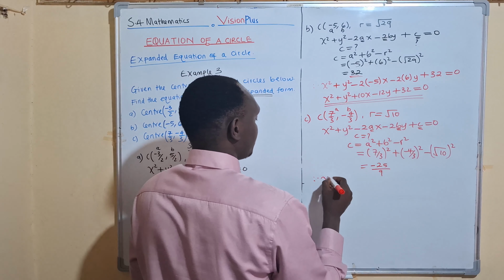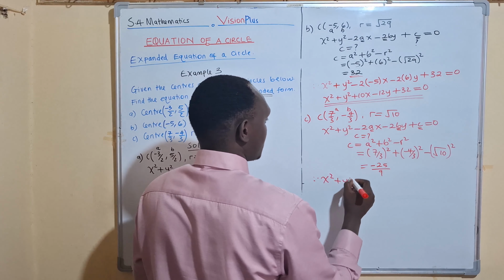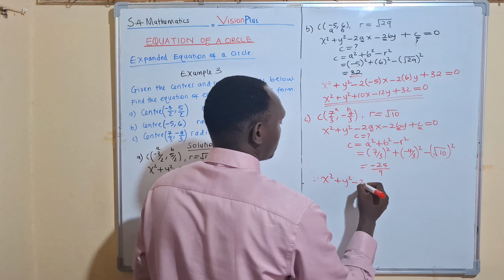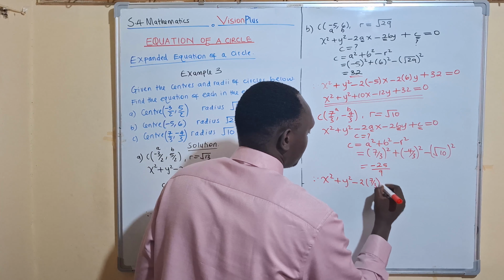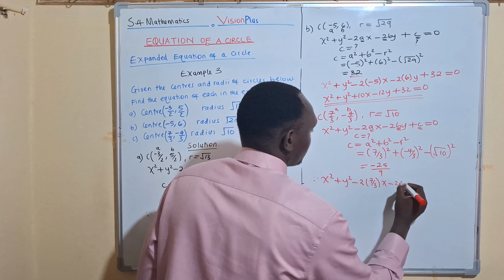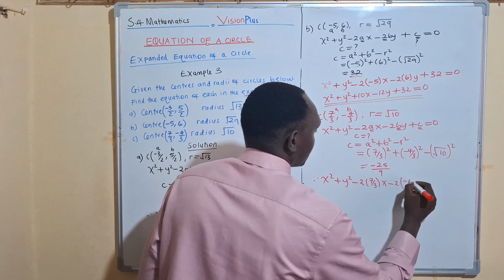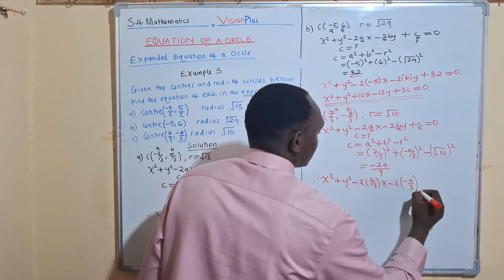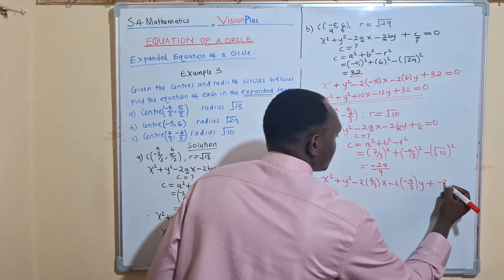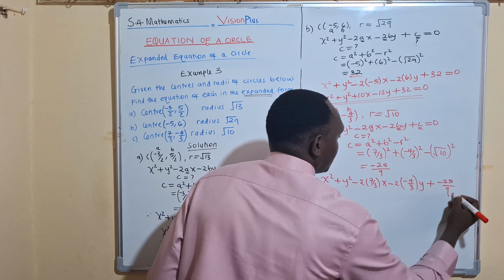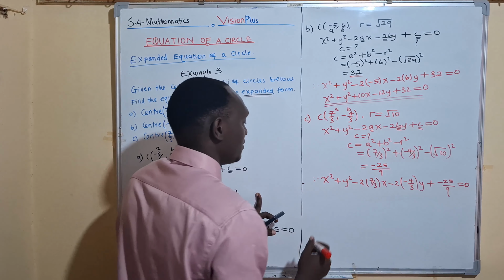Therefore, we shall have x squared plus y squared minus 2. What is a? A is 7 out of 3, x, minus 2. What is b? B is negative 4 out of 3, and that y, plus. What is c? Negative 25 out of 9 equals to 0. Then you simplify.